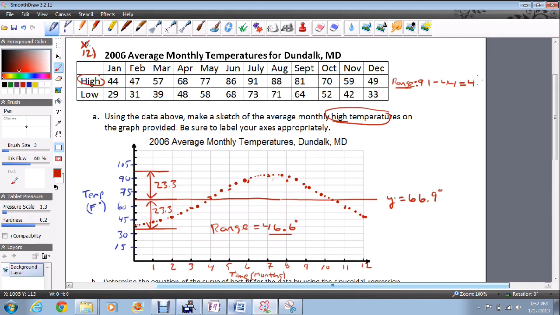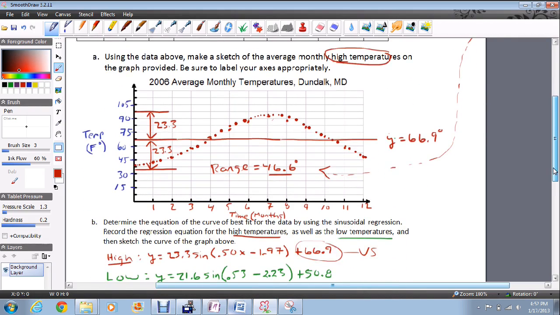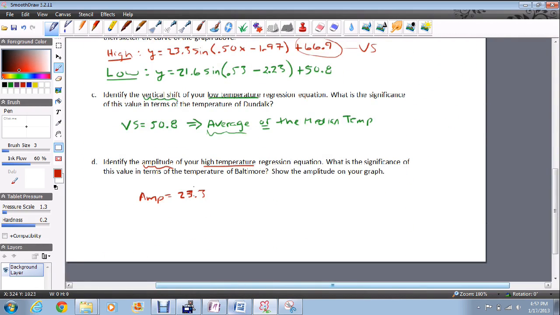That gives you 47, which is pretty close to this value here, because again our equation was just an approximation. Okay. So anyways, the amplitude, what's the significance? It's half the range of our average high temps.